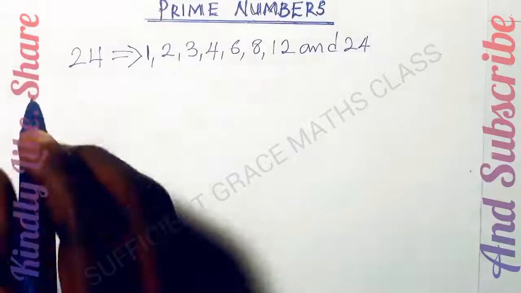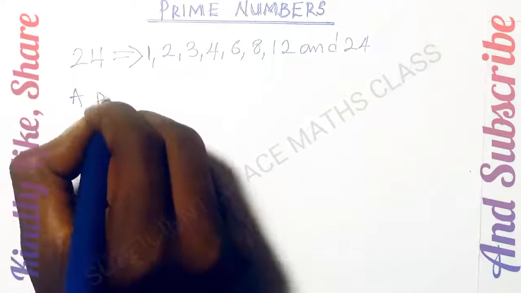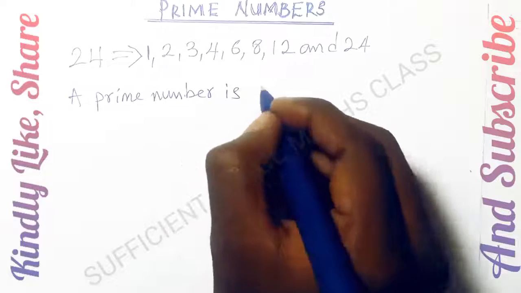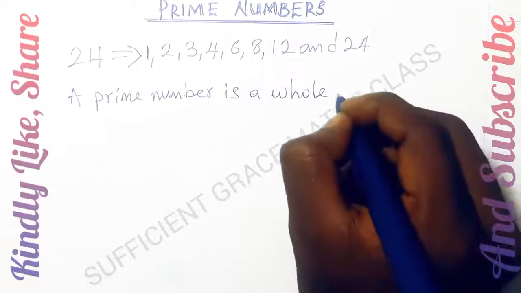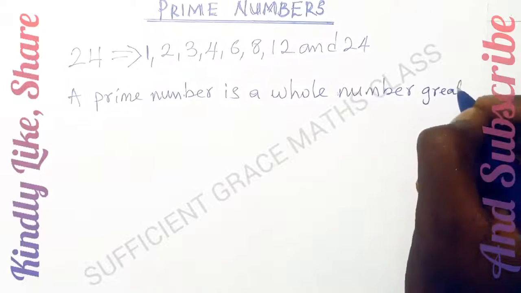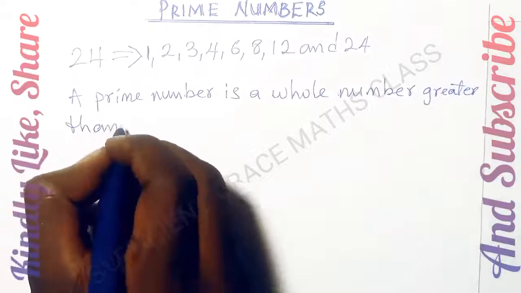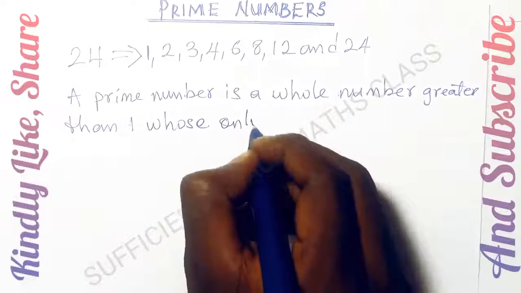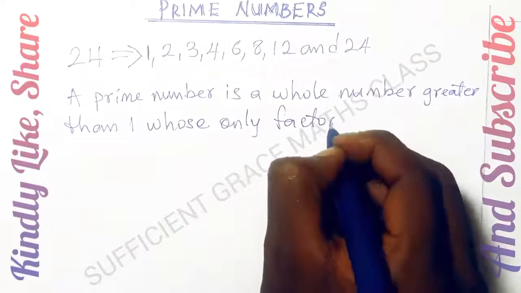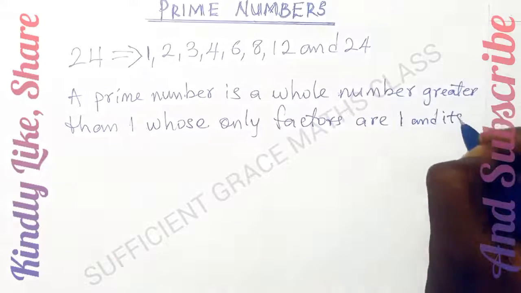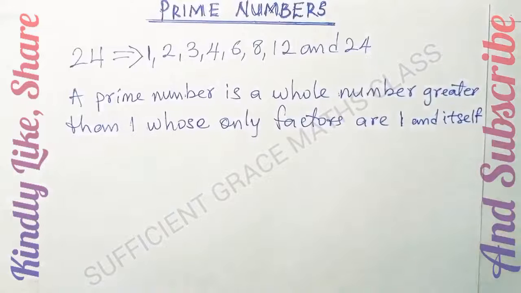Firstly, what is a prime number? A prime number is a whole number greater than 1 whose only factors are 1 and itself.